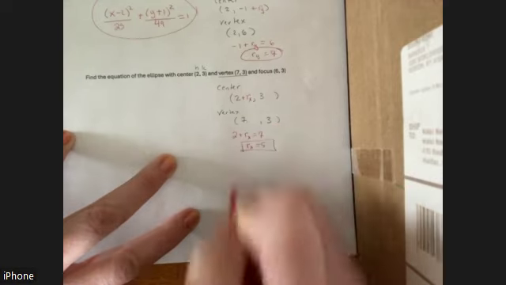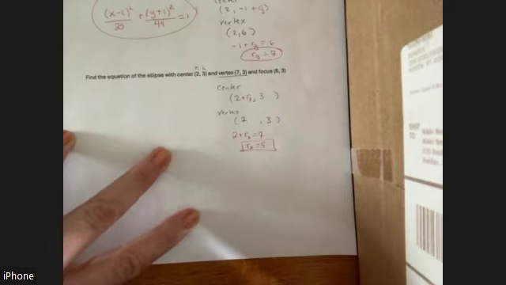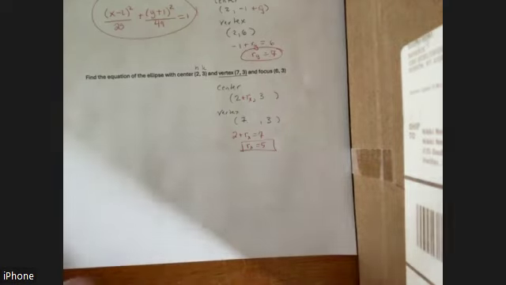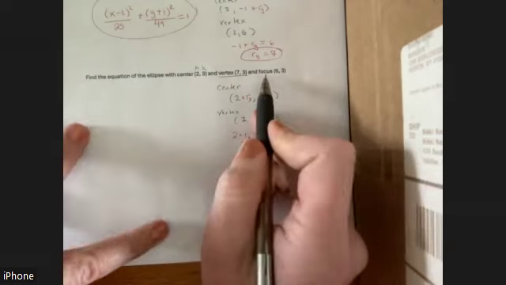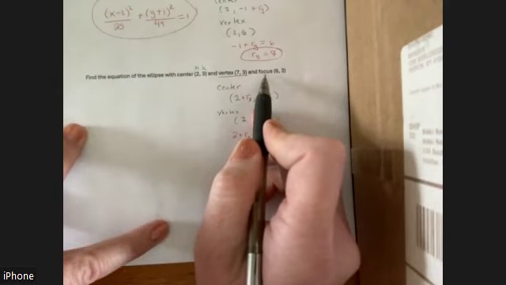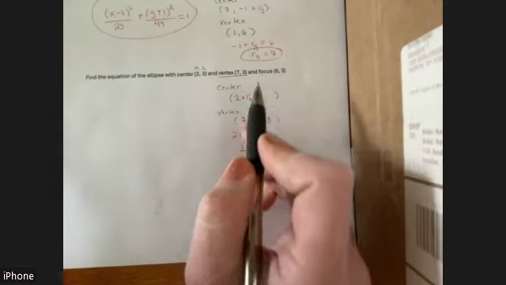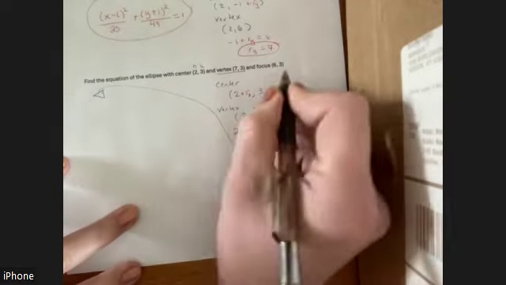So that's really nice. So now I have H, K and R sub X, but I don't have R sub Y. I also don't have another vertex. I have a focus. So since that's what I have, that's what we have to work with. I'm going to go over here so I don't run out of room below. So I'm going to work with the focus.